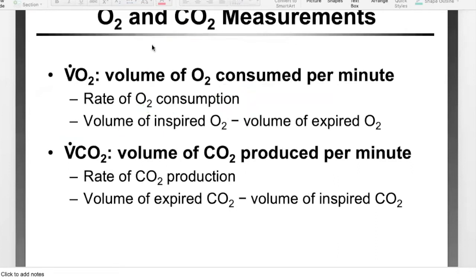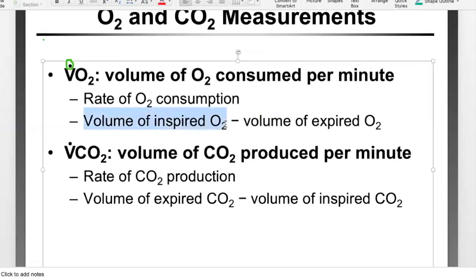A term that you should be aware of is VO2. This is the volume of oxygen, and what this means is per minute. So it's the volume of oxygen consumed per minute. Same thing, the volume of carbon dioxide produced per minute. So this is calculated by the volume of air that's drawn into the lungs, and more specifically, the volume of the inspired oxygen, because air is more than just oxygen.